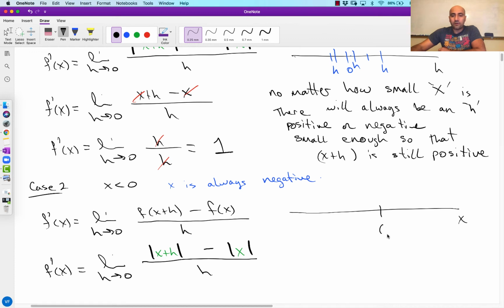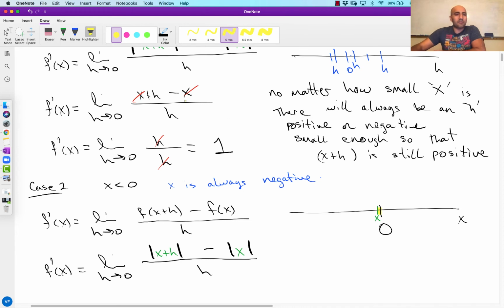Here is 0, and no matter how close to 0 x is, even if it's incredibly close, like right there, here's x, incredibly close to 0, but negative, that tiny little gap there, I can always zoom in, zoom in, zoom in, and in that tiny little gap right there from x to 0, a whole infinite number of values can live right in there, right?